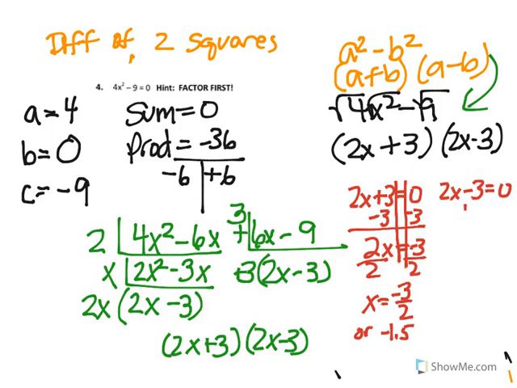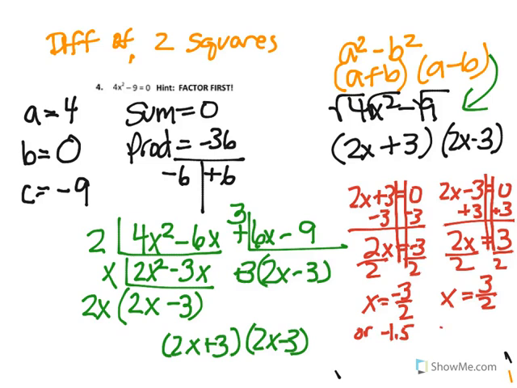And then on this other one, we're going to add 3 to both sides. And you get 2x equals positive 3, divide by 2, and so x equals positive 3 over 2, or 1.5. So if we were to write those as coordinate pairs, I'm going to use the fractions, negative 3 over 2, comma 0, and 3 over 2, comma 0, like that.